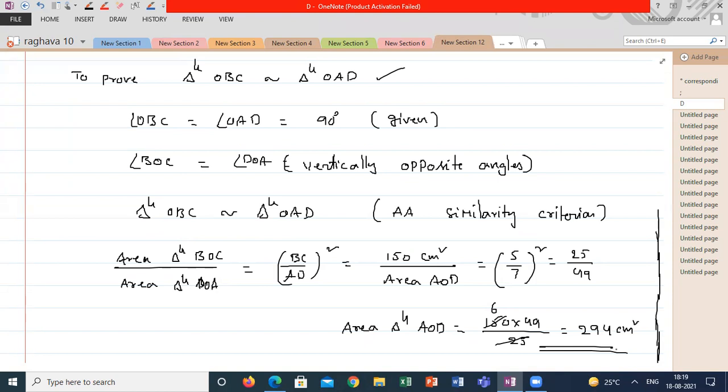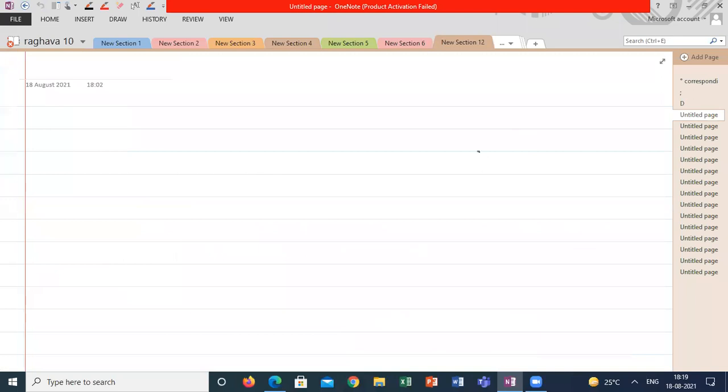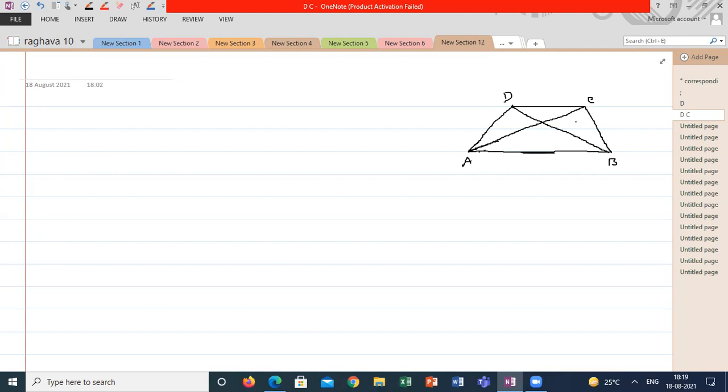Diagonals of trapezium ABCD. The next question is, there is a trapezium ABCD. AC is one diagonal, BD is one diagonal, and AB is parallel to DC. That is the meaning of AB is parallel to DC.